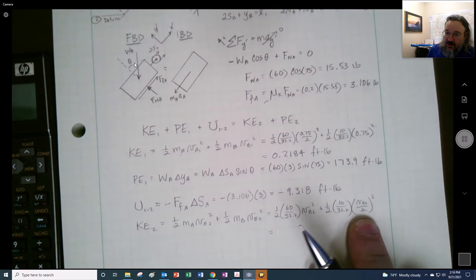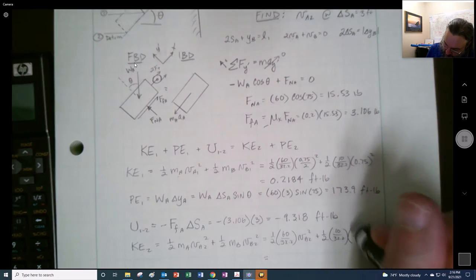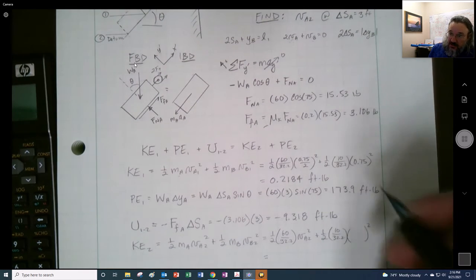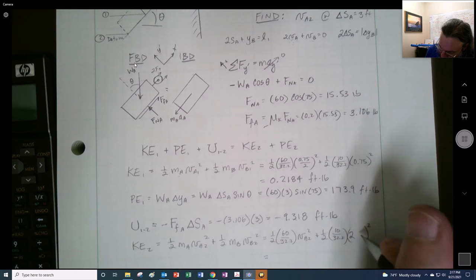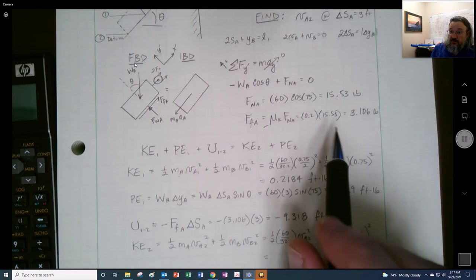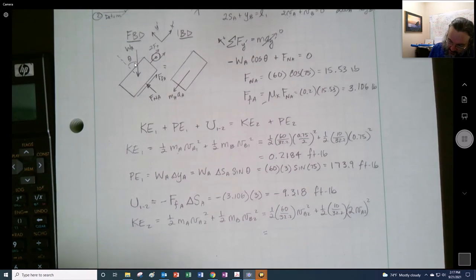Maybe I was better to write this out over here, right? We know that V_B is equal to 2 V_A. That would have been a bad mistake, but I caught it. That should be V_B is equal to 2, not 1/2. All right, so let me do this again.